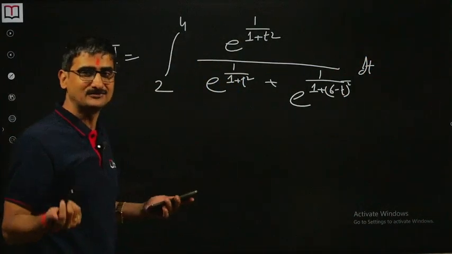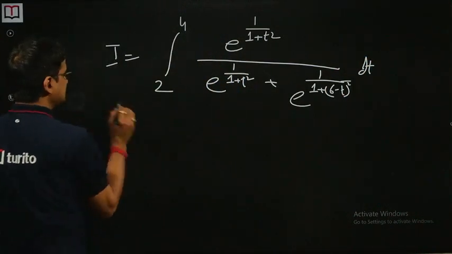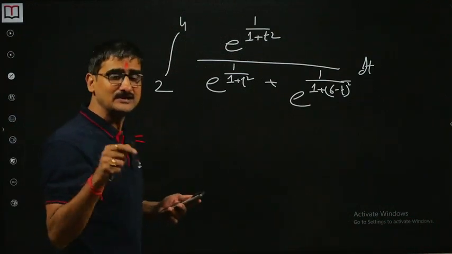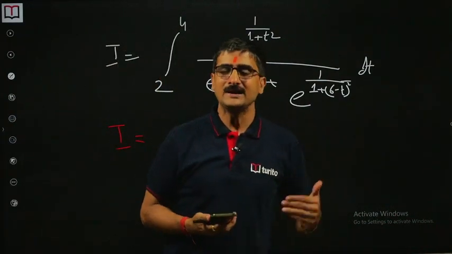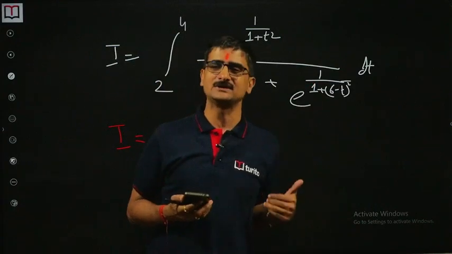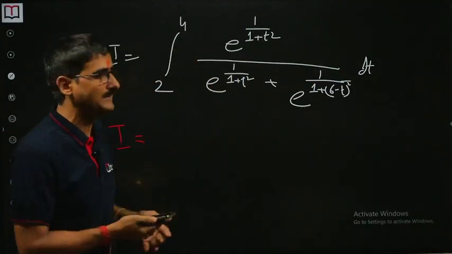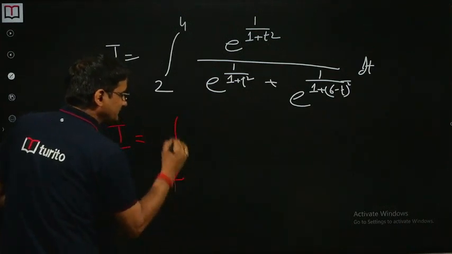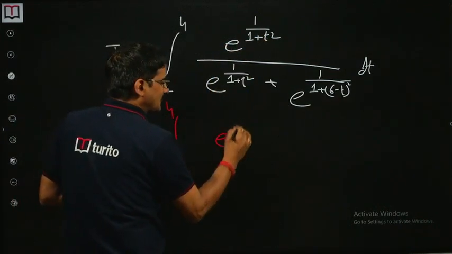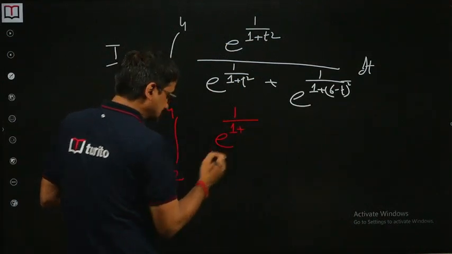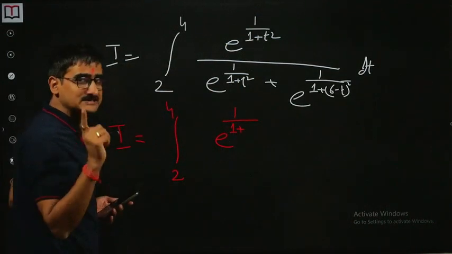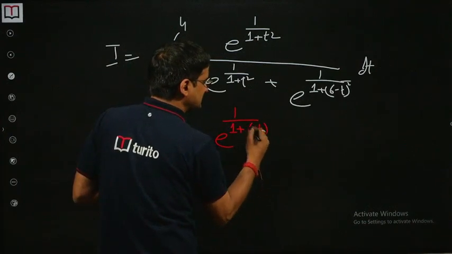Now apply Bahubali property. What does it say? It says that if I replace the variable of integral t by the sum of the limits minus t, so a plus b minus t, which is 2 plus 4 minus t, so 6 minus t, then it will be 6 minus t whole square.